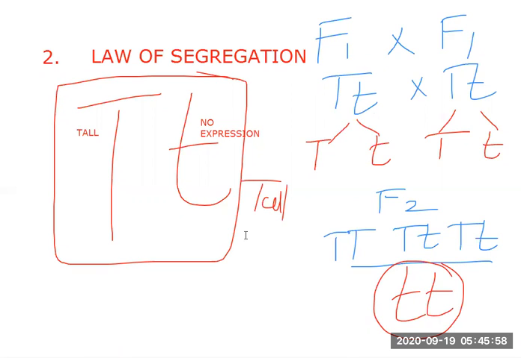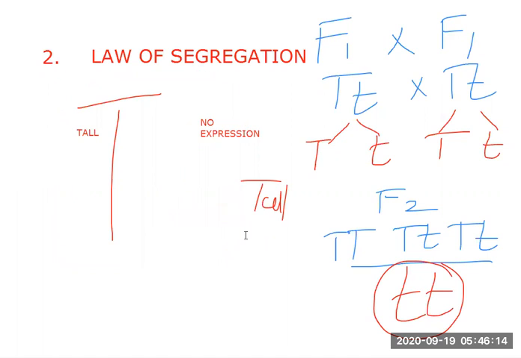That means when a dwarf allele is present along with the tall allele, it doesn't come for expression. That is the first thing you have to remember. When will it come for expression? That we have to see.